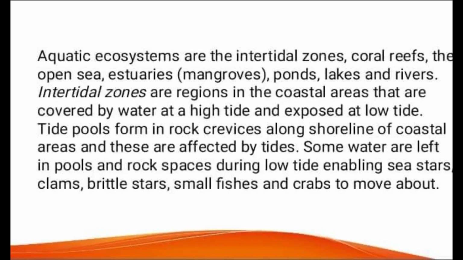Intertidal zones are regions in the coastal areas that are covered by water at high tide and exposed at low tide. Tide pools form in rock crevices along the shoreline and coastal areas, and these are affected by tides.